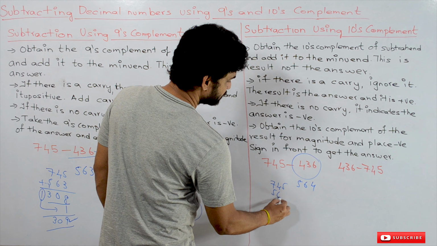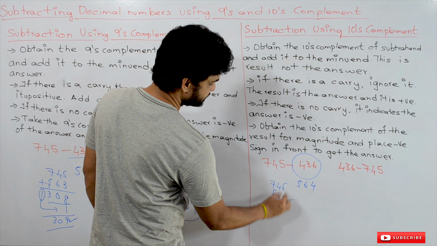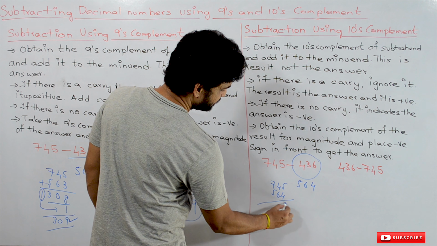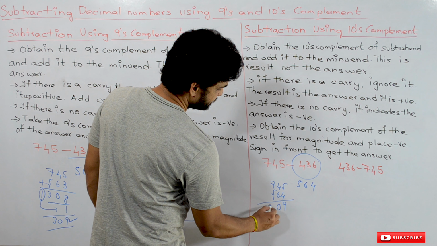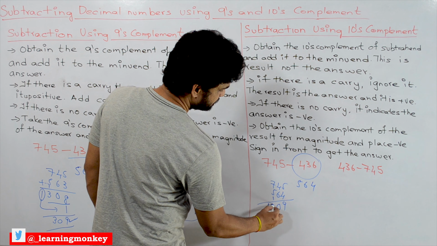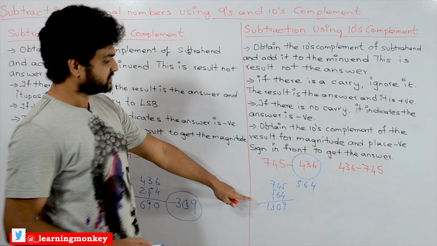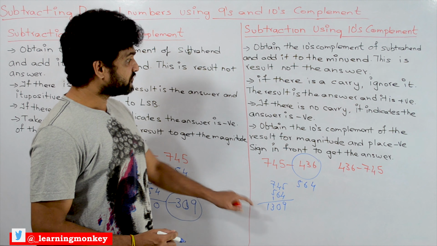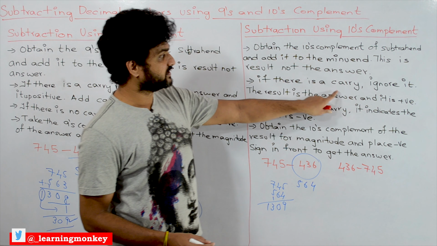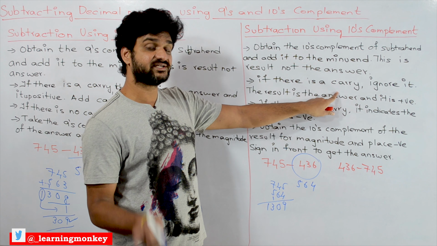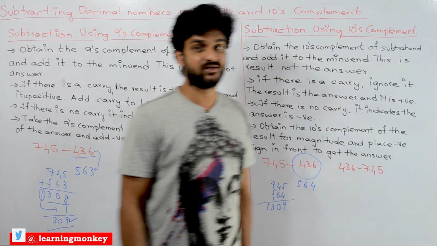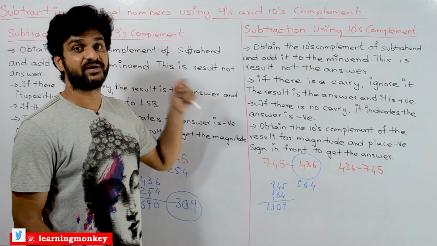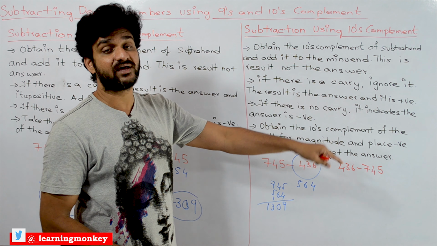What is the result? It is 9 and 10, and this one is 13. So it is 1309. Now, if there is a carry in the 10's complement, we have to ignore it. Whereas in the case of 9's complement, we add the carry to the LSB.